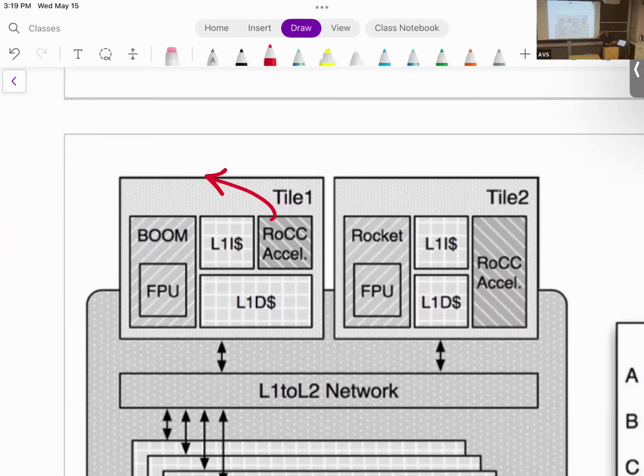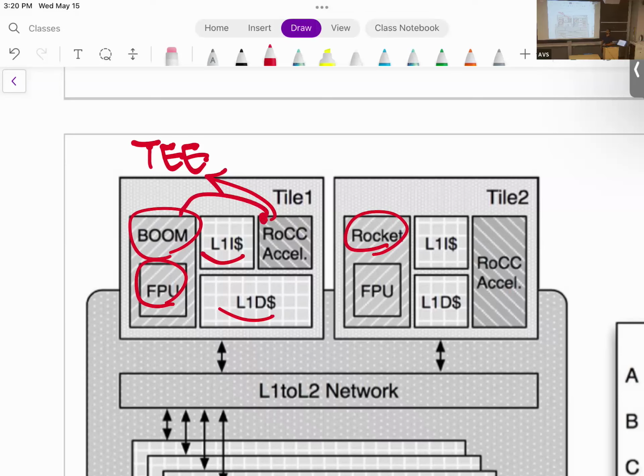This is the coprocessor or on-chip accelerator, which in this case is in fact the trusted execution environment. So again, this time we might have either a Rocket core or a BOOM core. Within the Rocket core, you might have additional things such as floating point units and so on, which is not that important. And as I told you, you have your L1 cache, the L1 I and D caches. Then your accelerator is also connected to this tile.